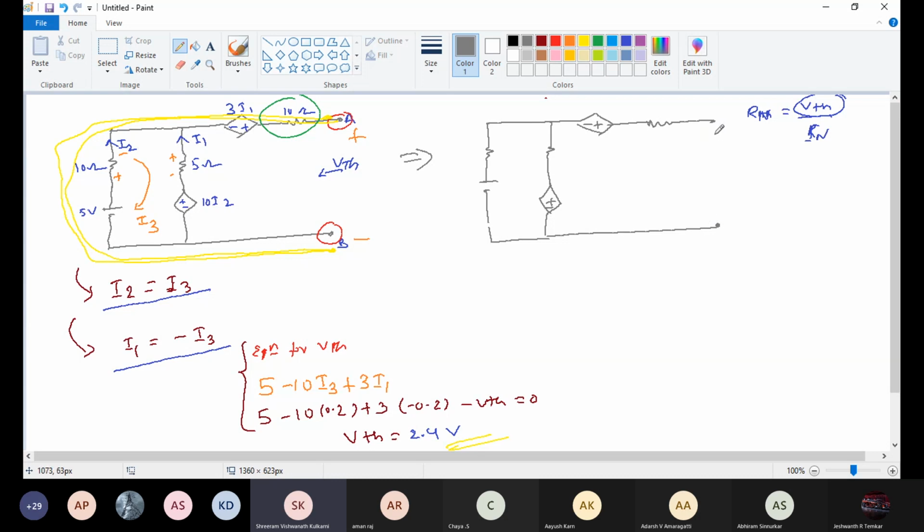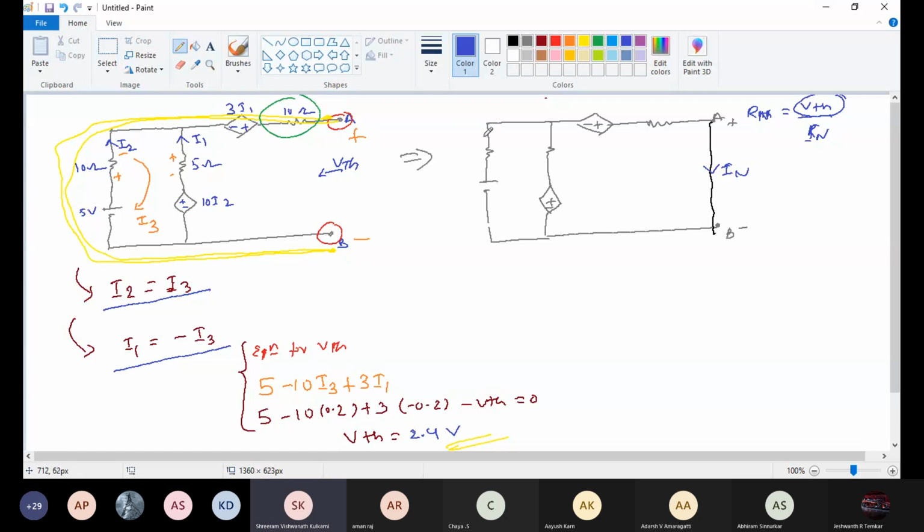Okay, across AB we need to calculate the Norton equivalent, where this is point A and B. For calculating IN, I need to short circuit this terminal A and B. Now I need to mark the current IN on that short circuit.